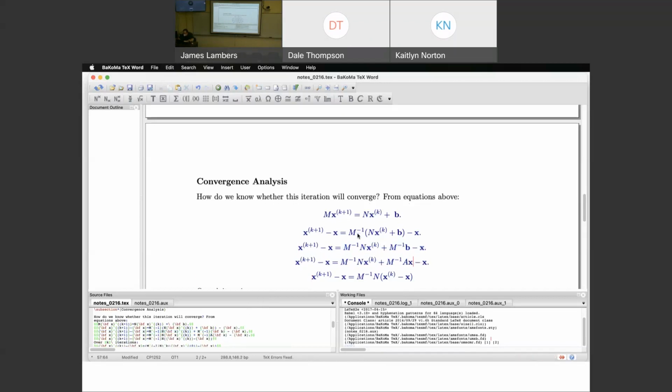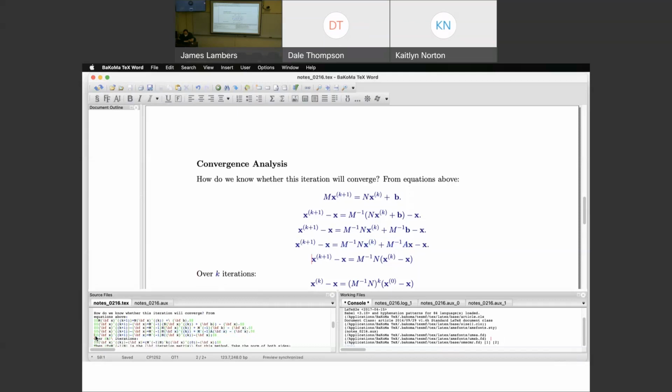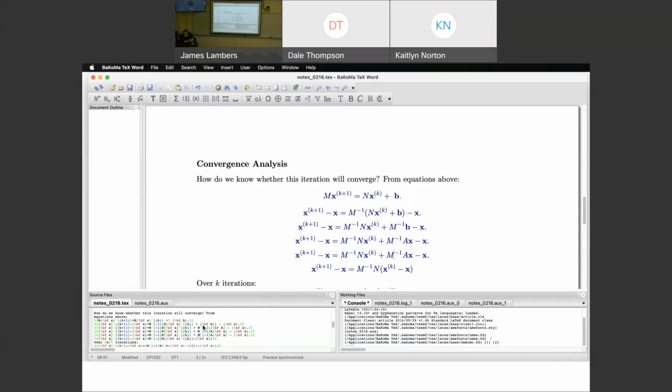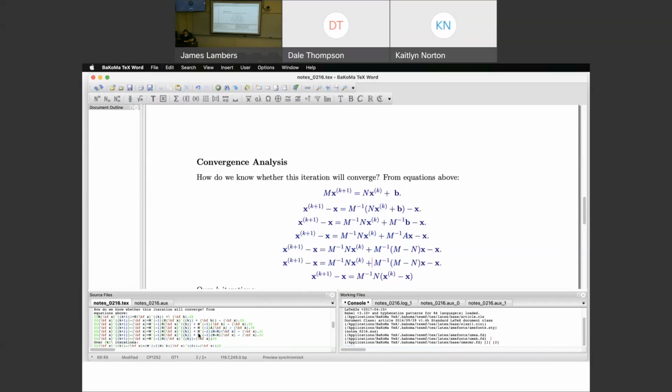But then A is equal to M minus N, so I'll take that into account. And now I'll take this M inverse and distribute it through here. And what's going to happen is, of course, the M inverse and M will cancel. So now we'll just have the identity here.